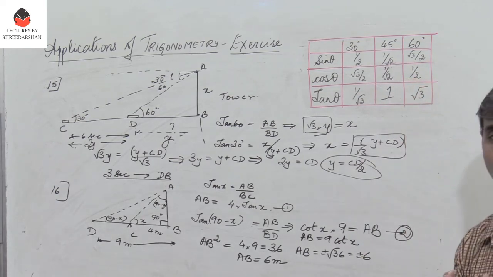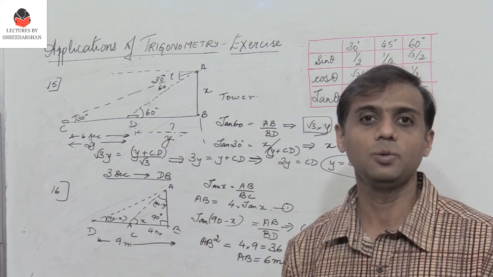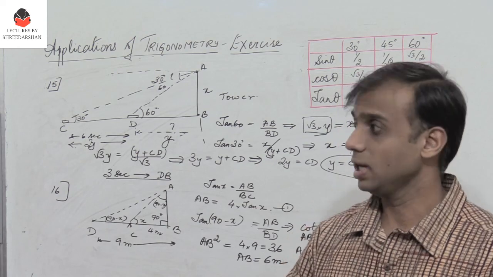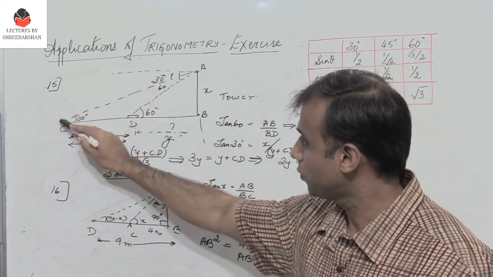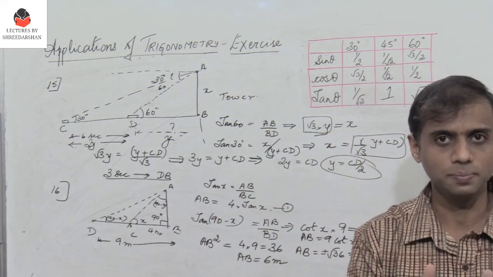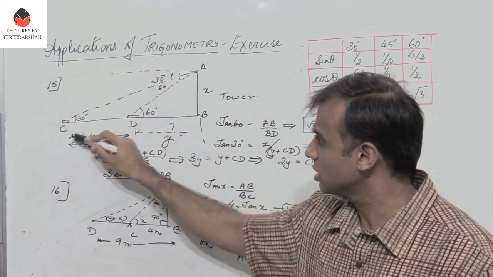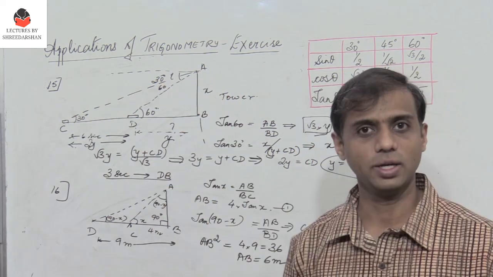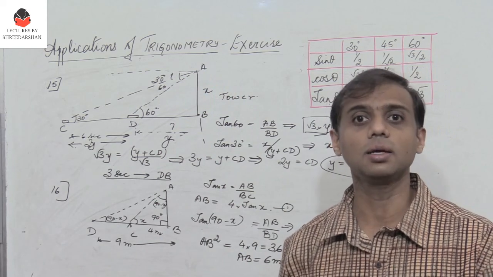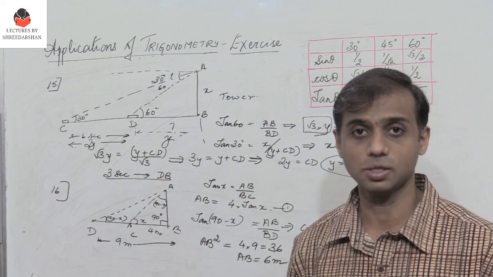We also need to know how we can apply and understand the angle of elevation as well as angle of depression and analyze the problem and write it in a pictorial form. Right? So it is very important for us to visualize the problem, write the right diagram, and once the diagram is written correctly, then solving the problem becomes very easy. Okay, so make sure that you practice all the problems again and again so that it becomes easier for you to solve the problems given in the examination.